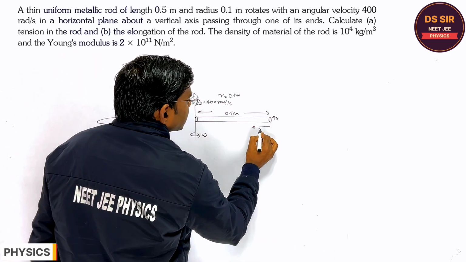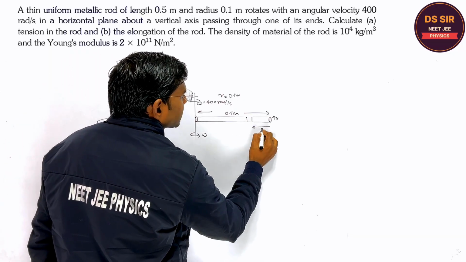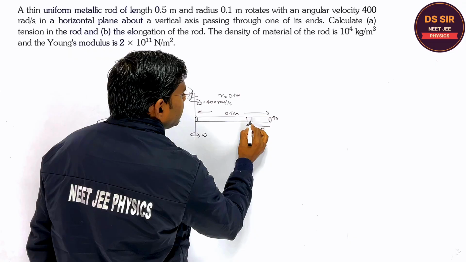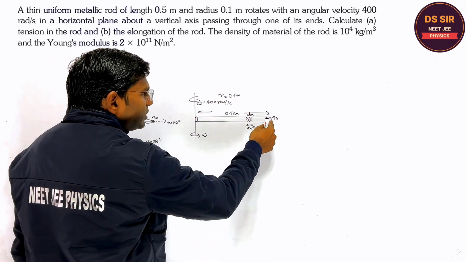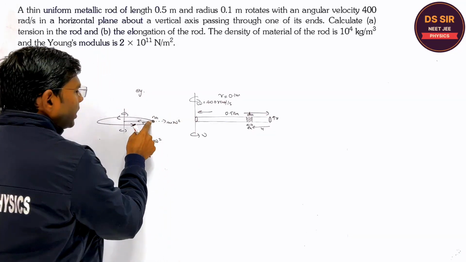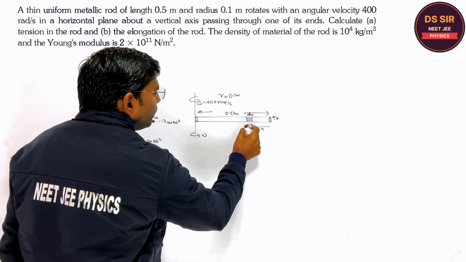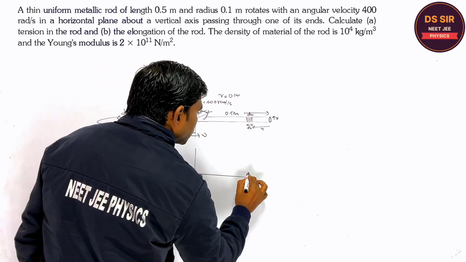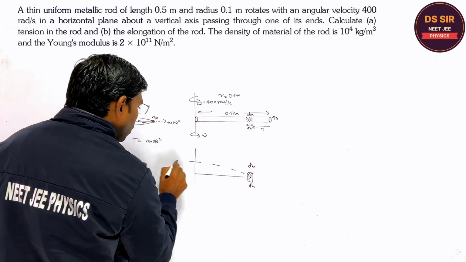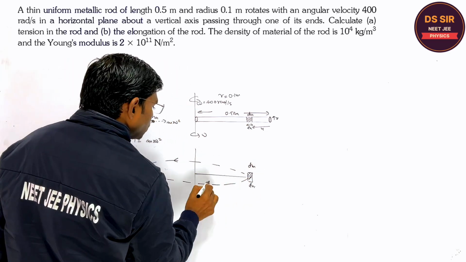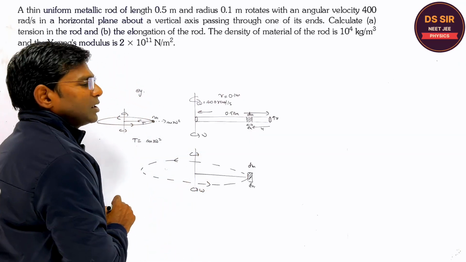Suppose at distance x, you consider the element dx. The width of this element is dx and the mass of this element is dm. The tension will be varying along the rod. Here the massless string had uniform tension, but if you consider the elemental portion of width dx and mass dm, it is rotating in a circular path with angular velocity omega.